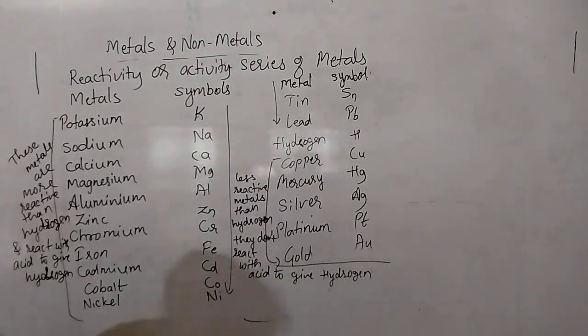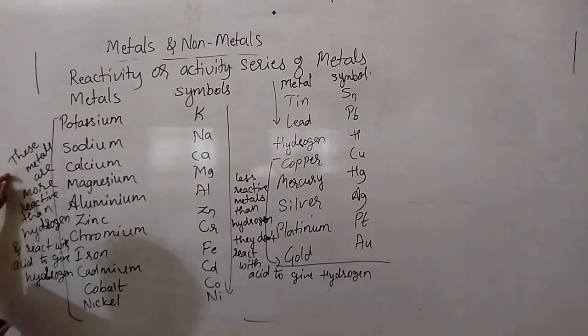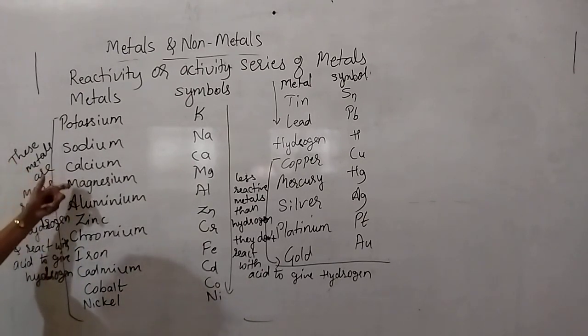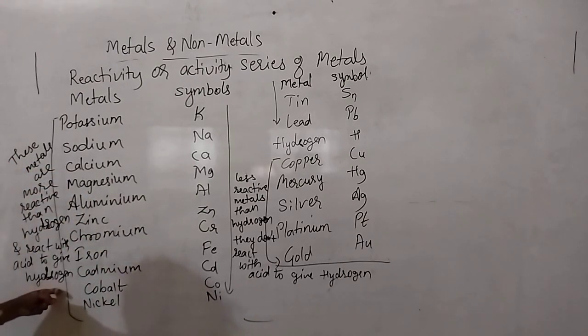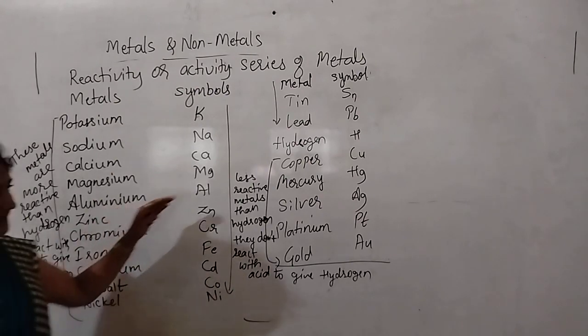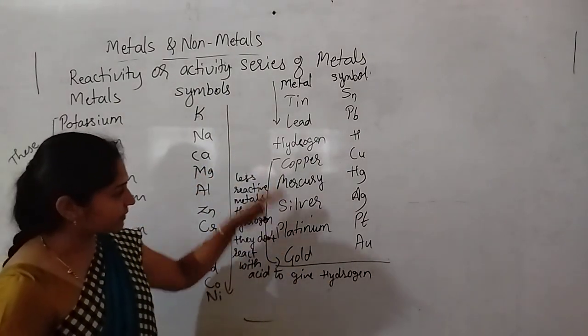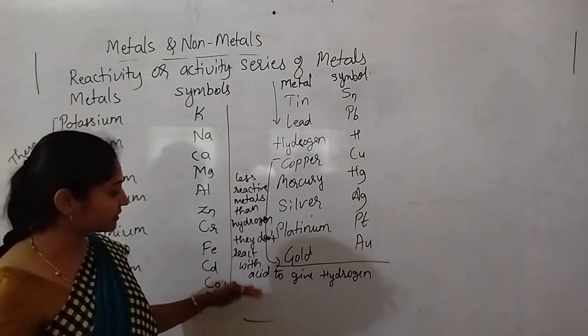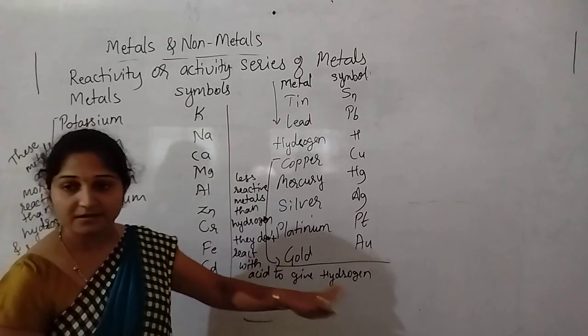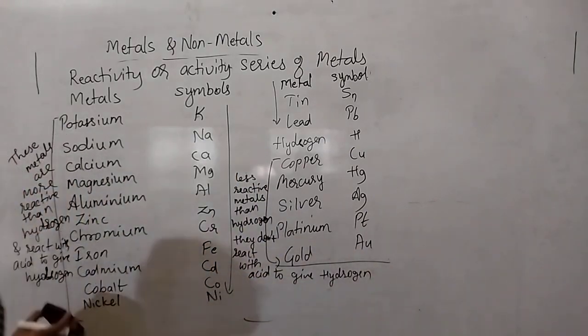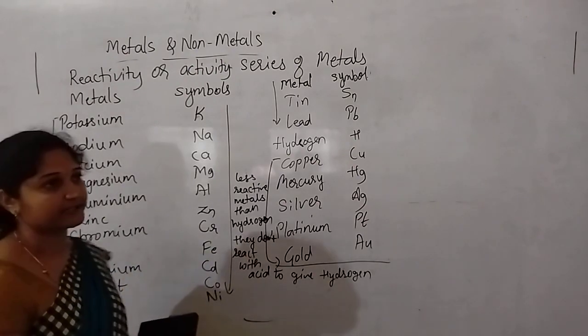The metals, when they react with the acid, give hydrogen gas, whereas from copper to gold, the less reactive metals do not react with acid to form hydrogen. Till now we discussed the chemical properties of metals.